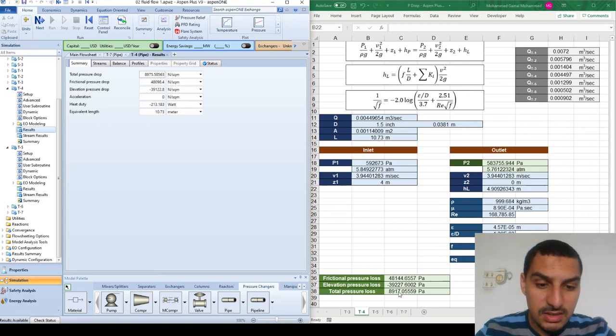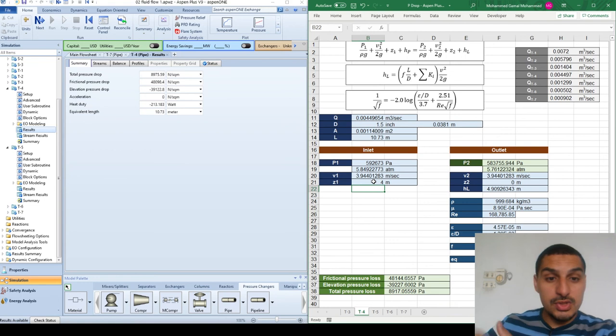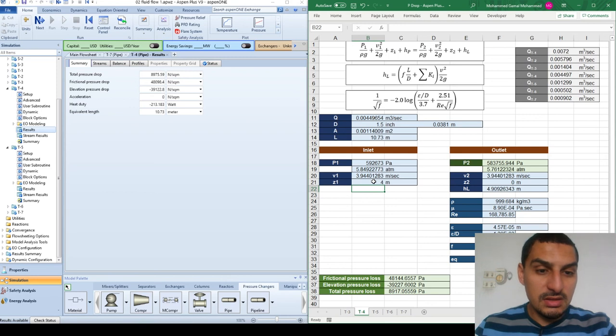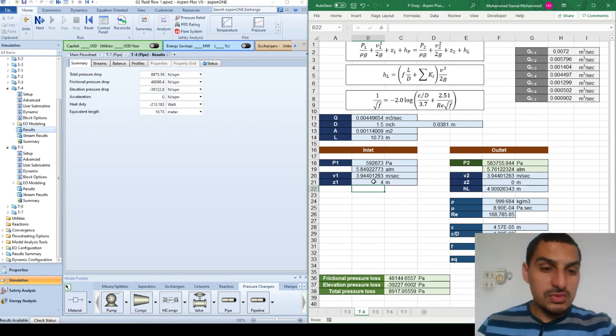It's 8,917, while before it was 48,000. This is because there is higher elevation, and this makes the energy at the entrance higher than in the previous case, and this reduces the pressure drop, of course.